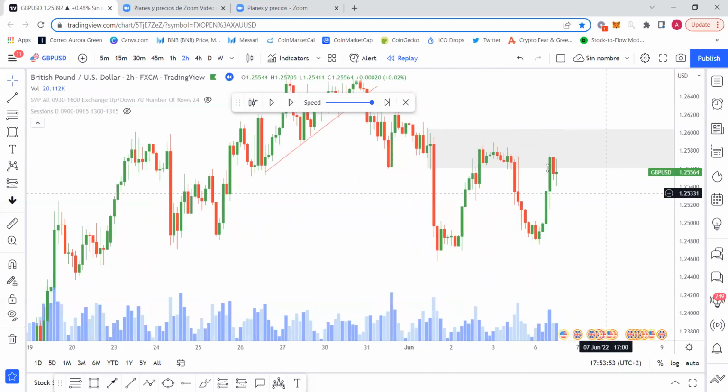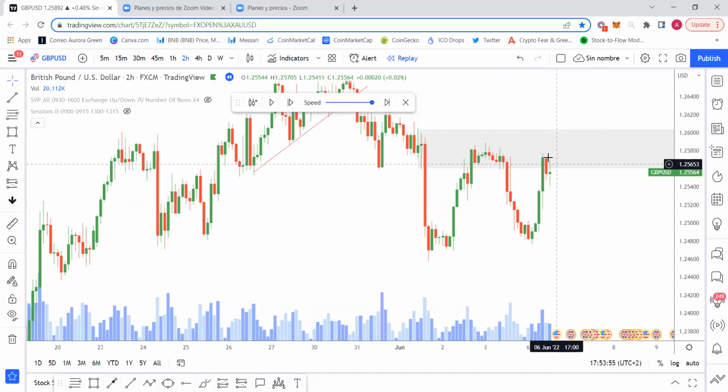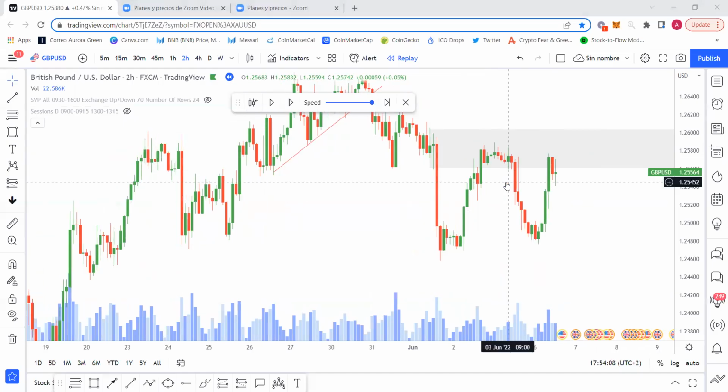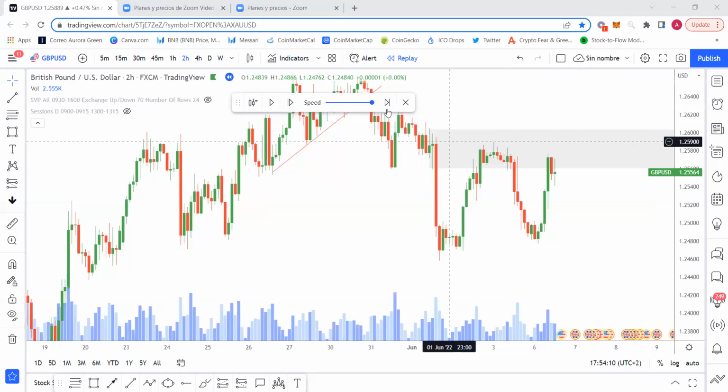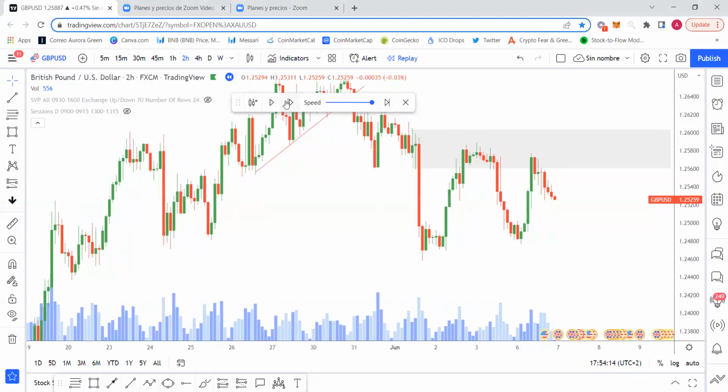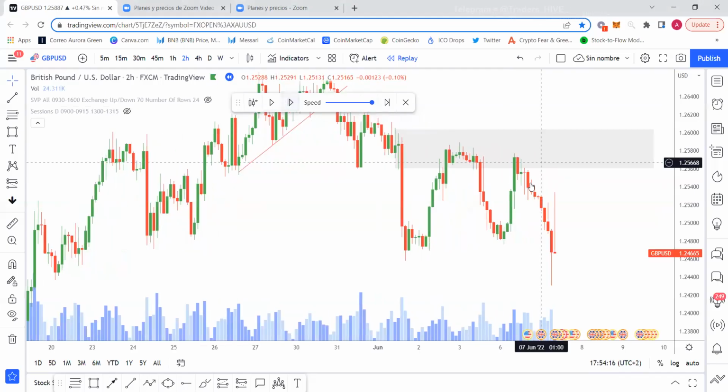Can anyone tell why here I don't think it's a good idea to sell GBP USD, even though it's in a supply zone? The area has already been tested, second test, exactly. That's exactly, okay? But in this case, price did a wonderful move to the downside, okay?